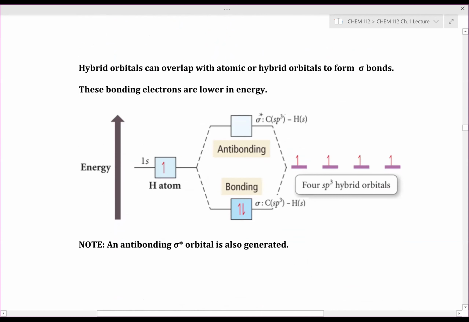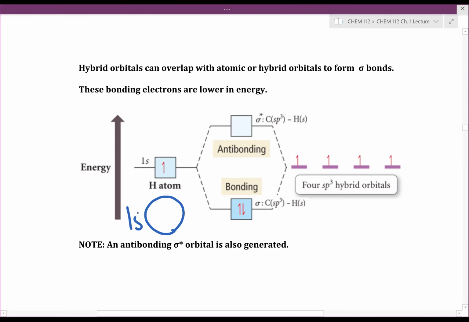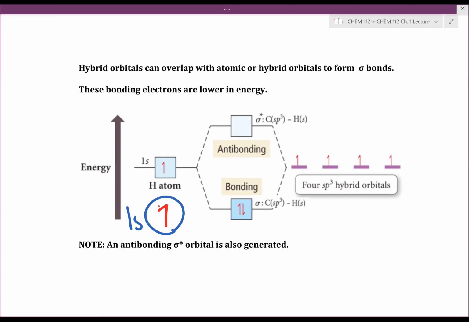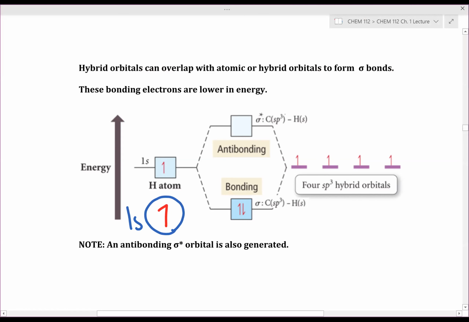Just like our model, where we took atomic orbitals and overlapped them with other atomic orbitals, we can form bonds by combining an atomic orbital, such as a hydrogen 1s orbital, which we'll draw like so. Let's fill in our 1 electron. And instead of overlapping it with another hydrogen 1s orbital, we're going to overlap it with an sp3 hybrid orbital.